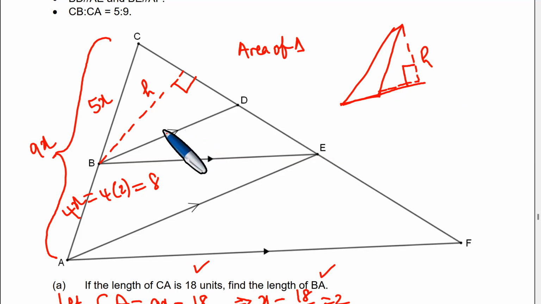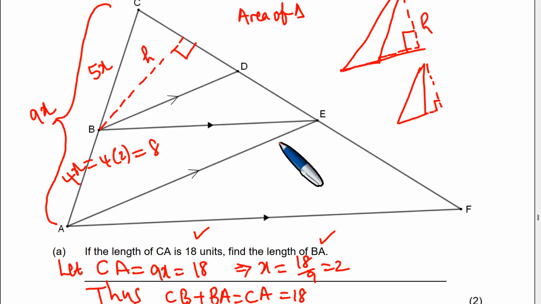It's the same situation here: this triangle would have this as the base and then the height like that. So the base is going to be DE, and these two triangles have the same height. The base is DE.